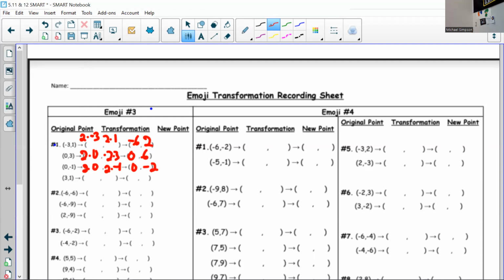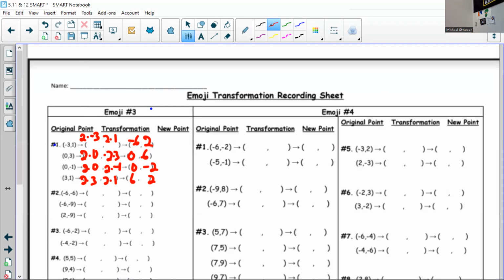And the last one is 2 times 3 and 2 times 1, which is 6 and 2. So let me write these points down: -6,2; 0,6; 0,-2; and 6,2.